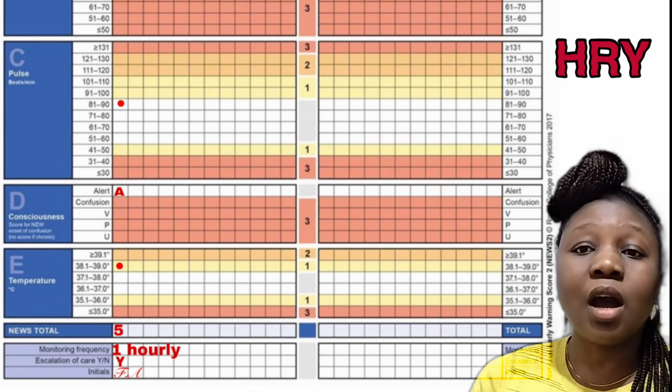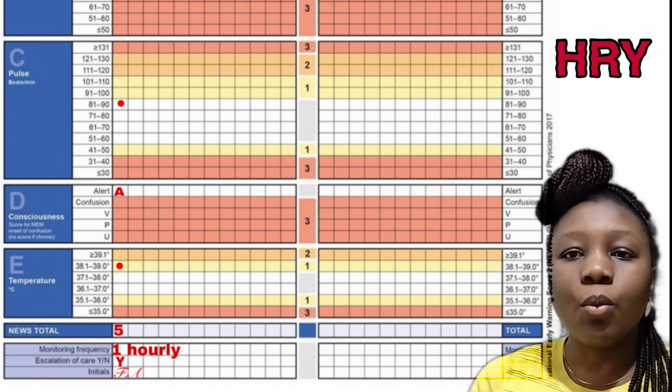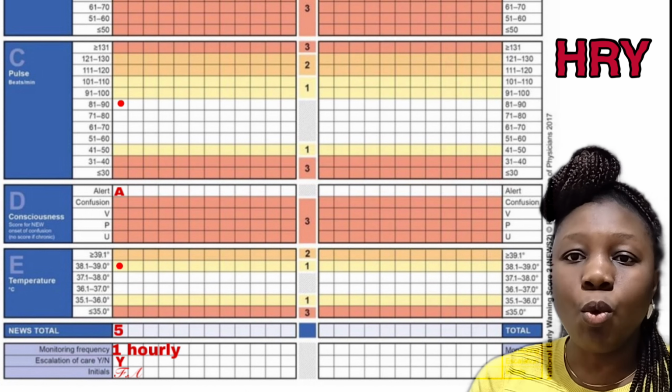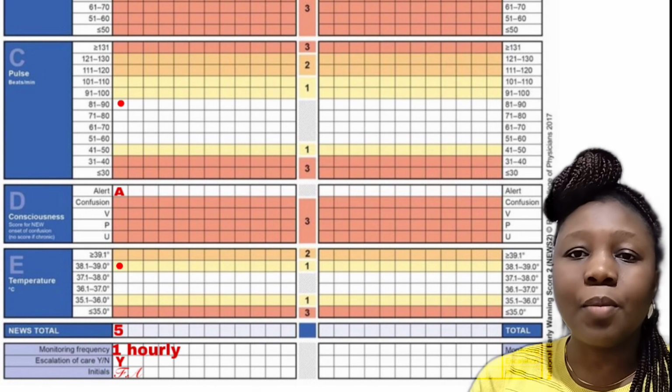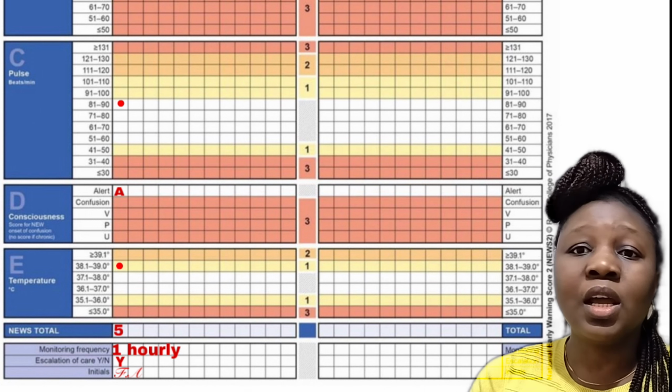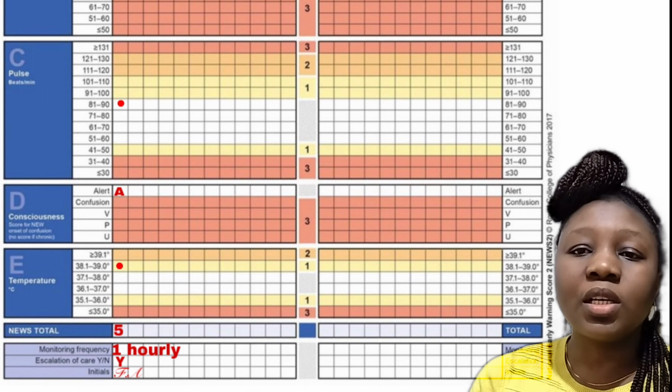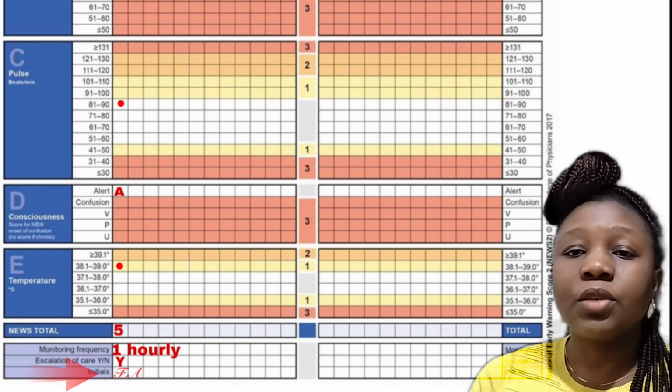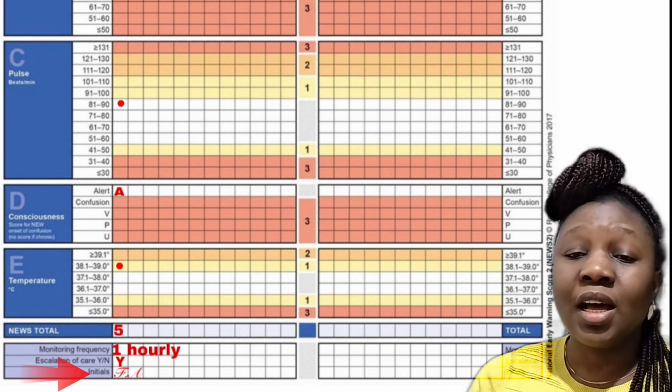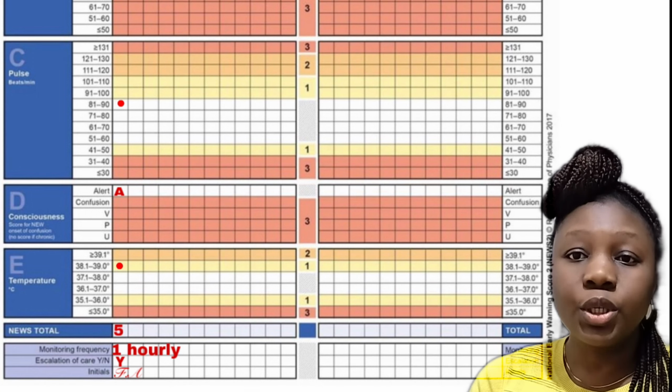We can write HRY inside that box. So 1 HRY means 1 hourly. The last one is your initials. If my initials are CO, I'm going to write CO in the box in front of initials, and that is how to score your NEWS chart.